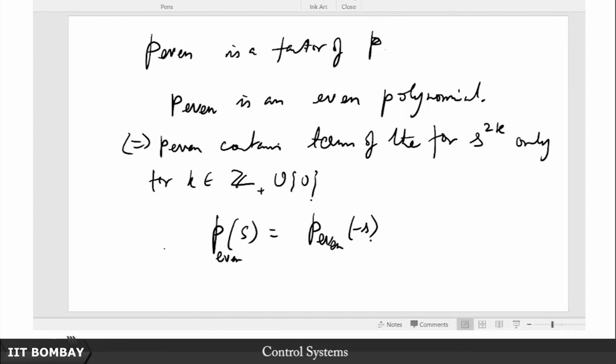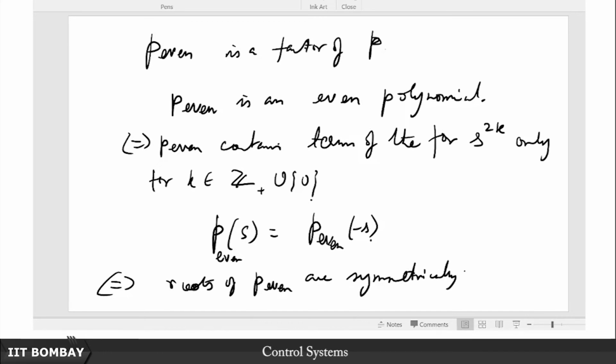Roots of p even are symmetrically distributed about the origin. Why?